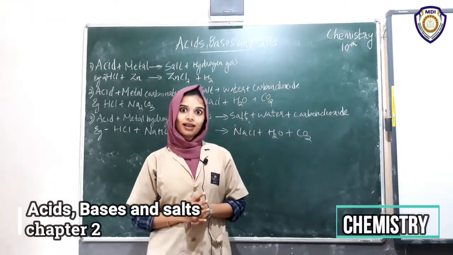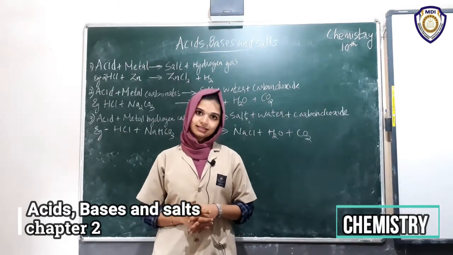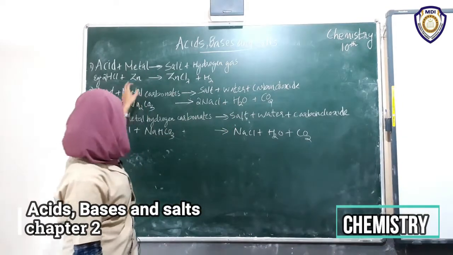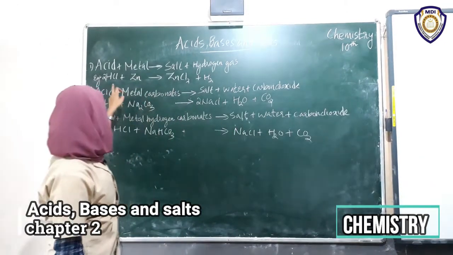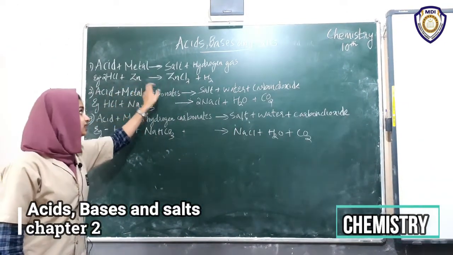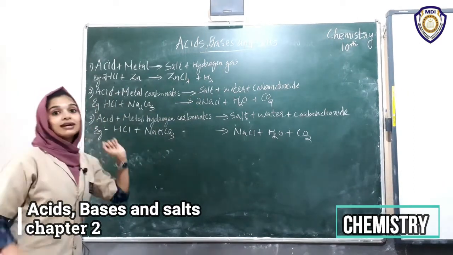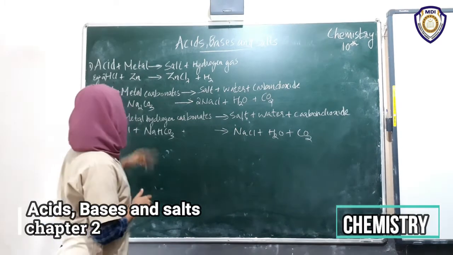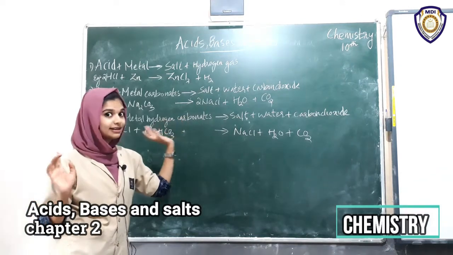In the previous class, we have discussed the reactions of acid. Acid, when it reacts with metal, forms salt and hydrogen gas. Example, HCl plus zinc gives ZnCl2 plus H2. The second reaction is that when acid reacts with a metal carbonate, it forms carbon dioxide, not hydrogen gas.